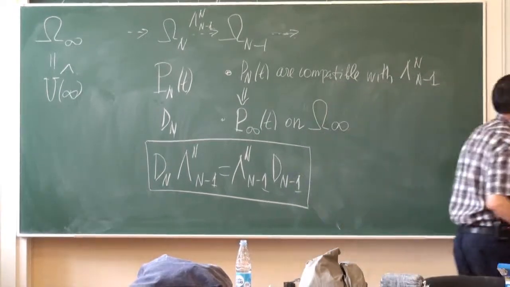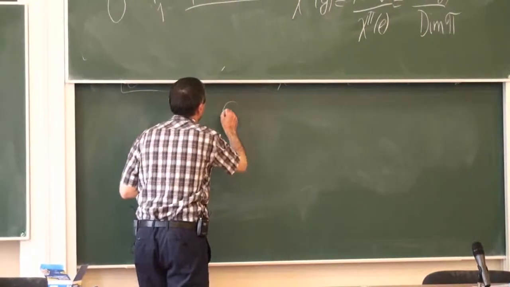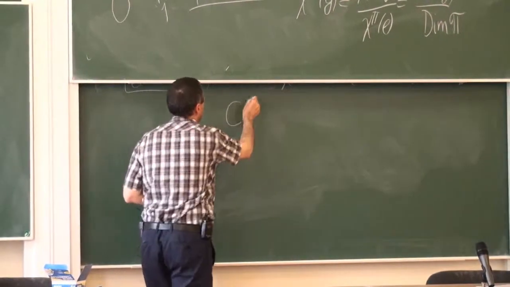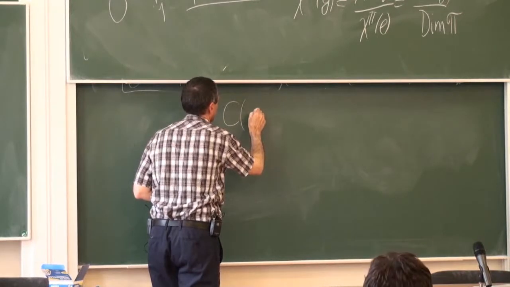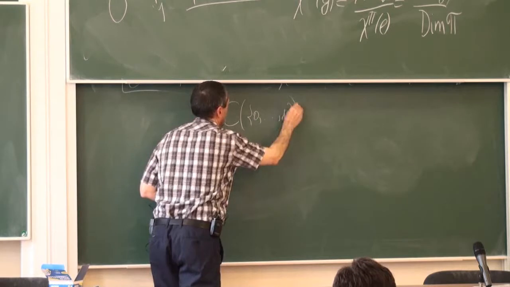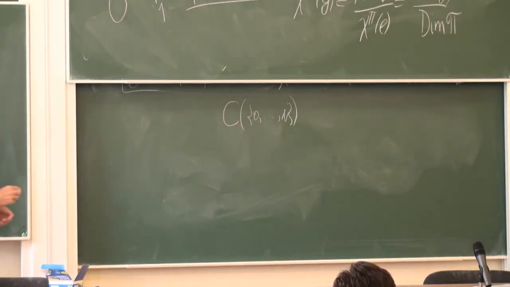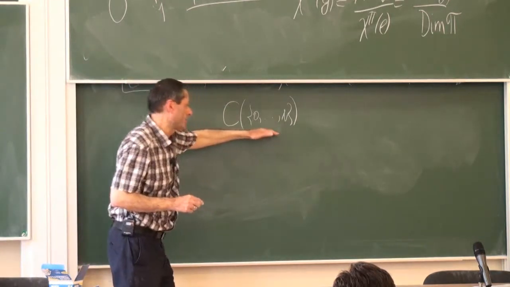Namely, in the case of our toy example, we worked with the space of all functions. But here we have an infinite set, and there are two possibilities.